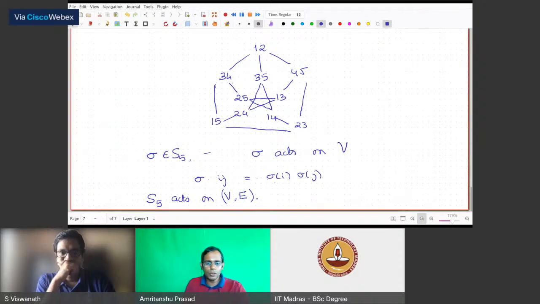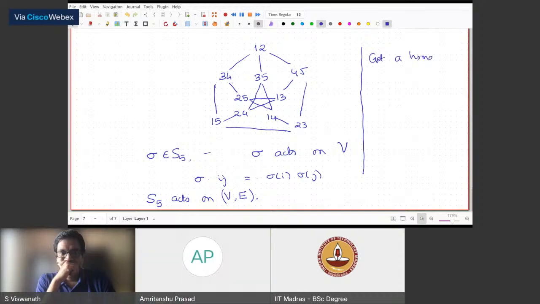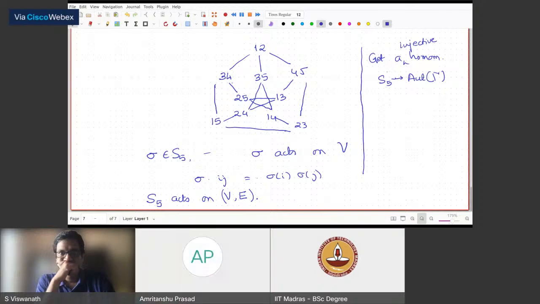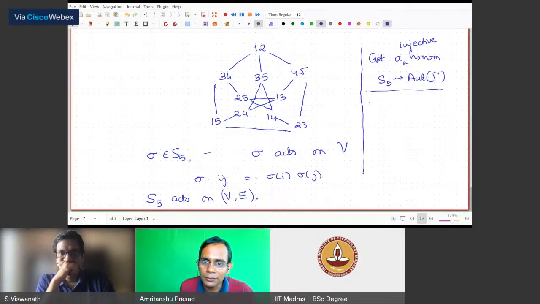So what you get is a homomorphism from S5 to the automorphisms of the Petersen graph, which I'm denoting here by gamma. You can easily check that this is injective, that is, only the identity gives rise to the trivial automorphism. And you need to show that it is surjective.